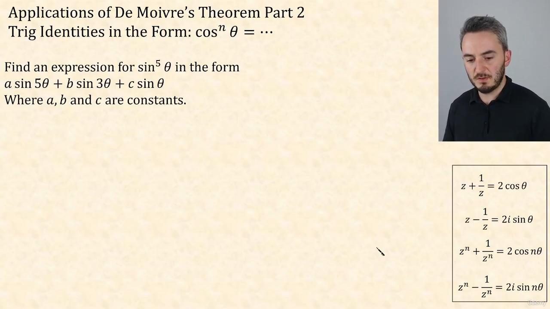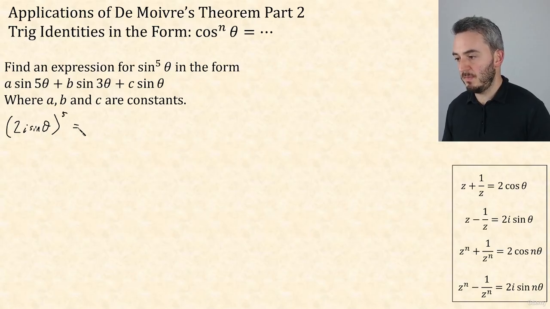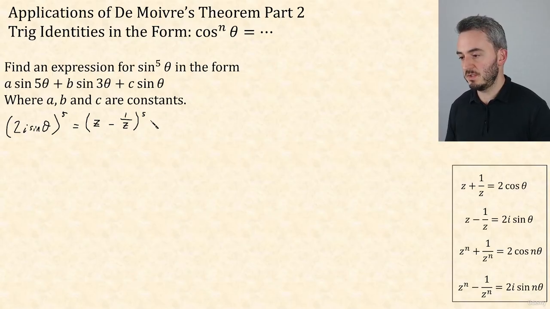So we start with this one. What we're saying is that 2i sine theta, all raised to the power of 5, must be the same by that identity as z minus 1 over z to the power of 5. And then we'll deal with what this actually is just in a moment.